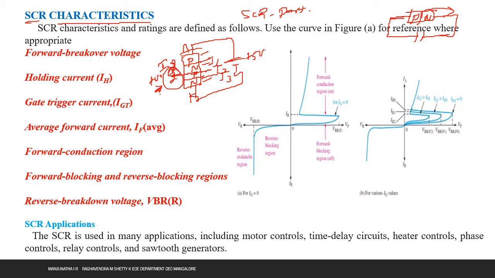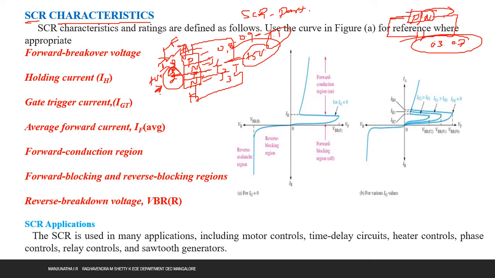So I am just taking the help of IG. Without IG it is also possible to break down, but we need a more positive value. For silicon and germanium, silicon I think 0.3 and germanium 0.7, like this to break down. Here also we need some more value, for example 0.8 or 0.9, something like that, or 1.1, without the help of IG.